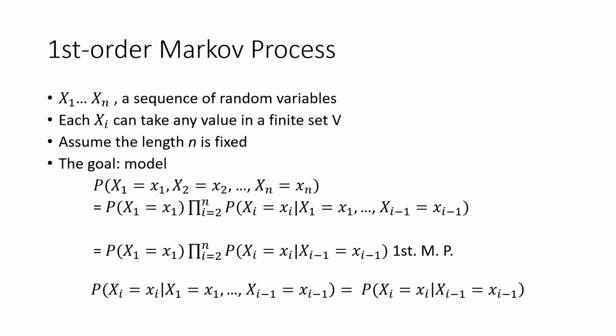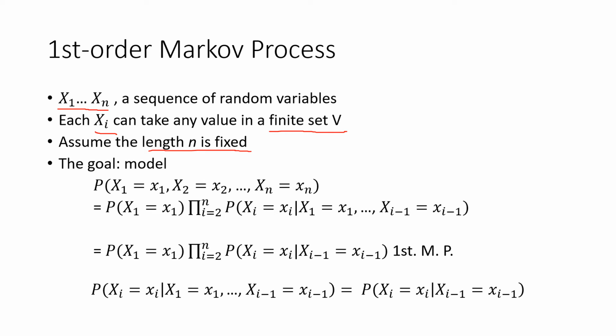In order to calculate the probability of a sequence of words, let's use the first order Markov process. So let's first define a sequence of random variables, x1 up to xn, where each xi can take any value from a finite set V, our vocabulary of words. And let's assume for now that the length of our sequence is fixed.